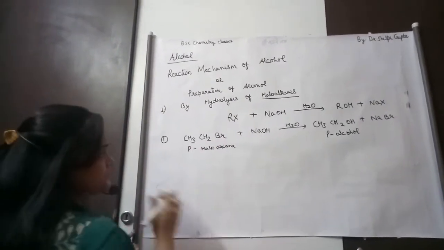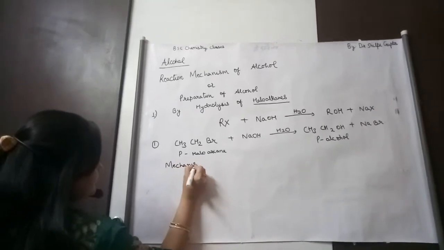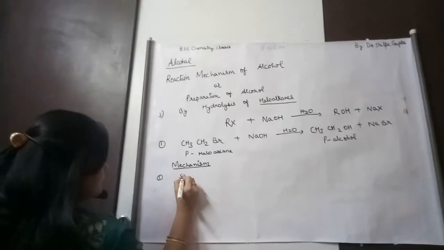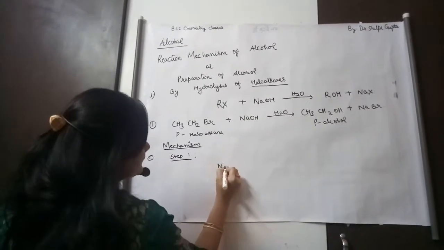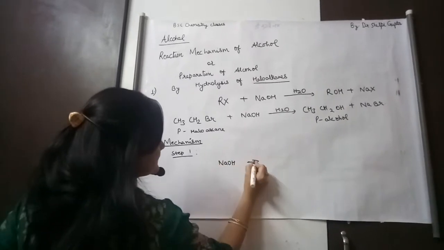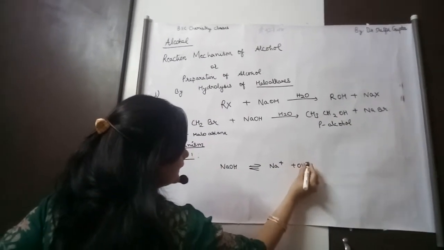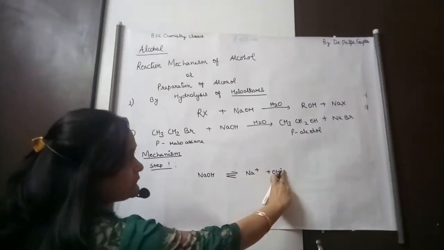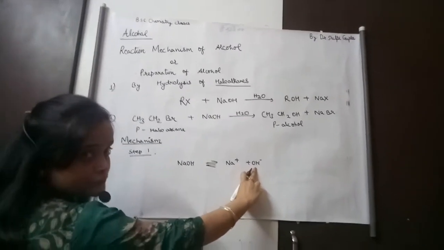Now the mechanism. A mechanism is always carried out in various steps. Step 1: first of all, sodium hydroxide will dissociate into sodium and hydroxide ion. The hydroxide ion has a negative charge, which means it has a lone pair of electrons.